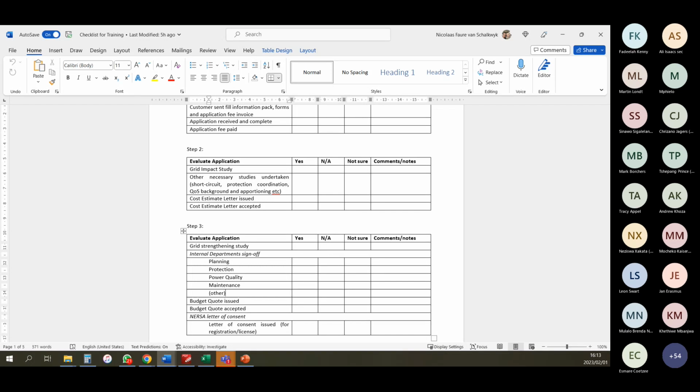George Lotte is asking the question about the finance department signing off as well, getting their buy-in. I mean, you can always add it there, if there are internal costs that they need to approve. Well, they'll probably sign the budget quote. But yes, let's discuss that, George. Who would sign it on your side?